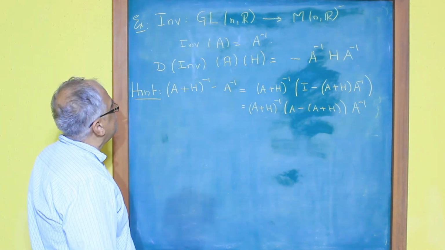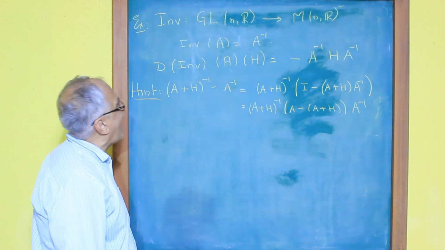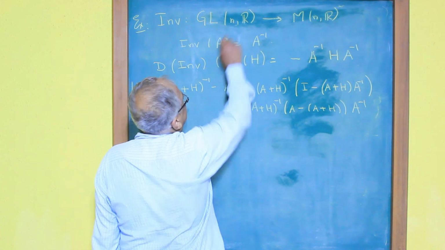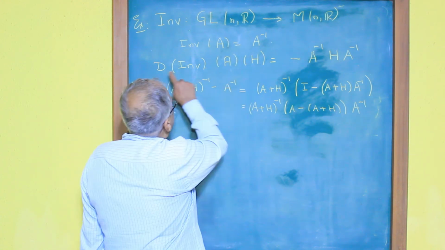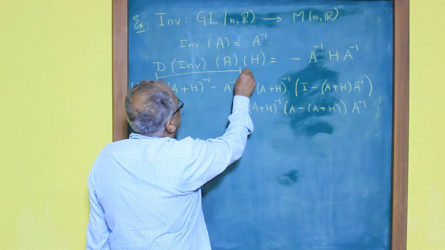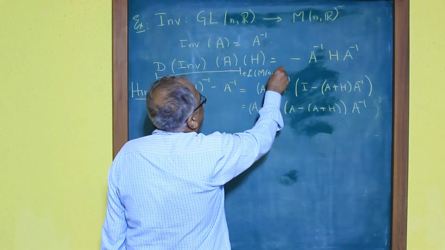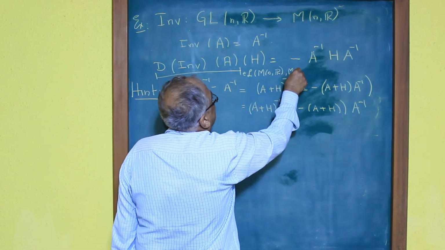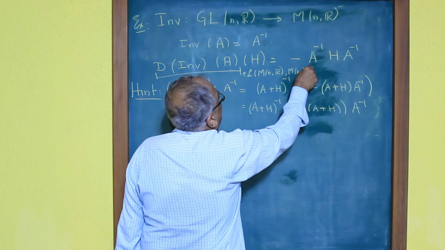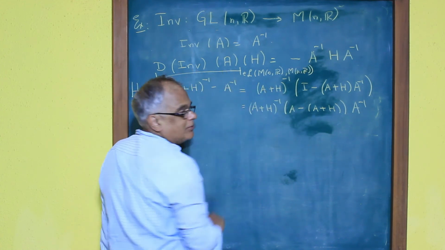And the statement is that the derivative of the inverse at A, a point in GL n R, this quantity is a linear map from M n R to M n R. So the derivative of the inverse evaluated at a point is a linear map.